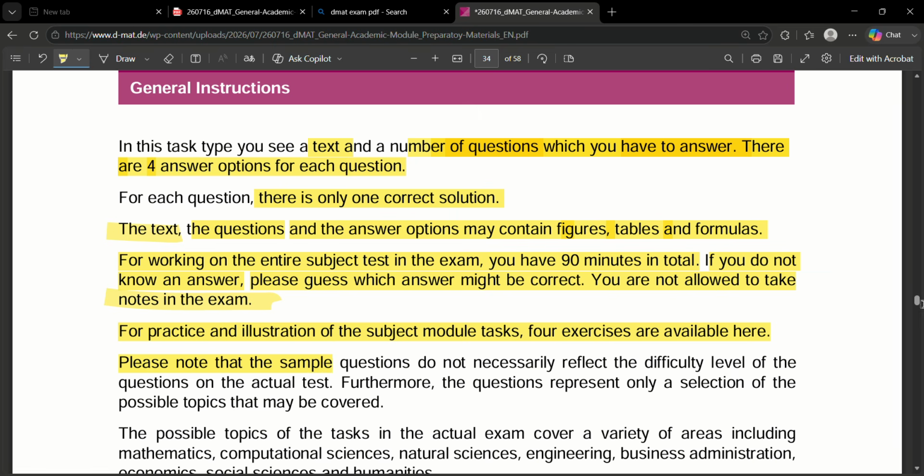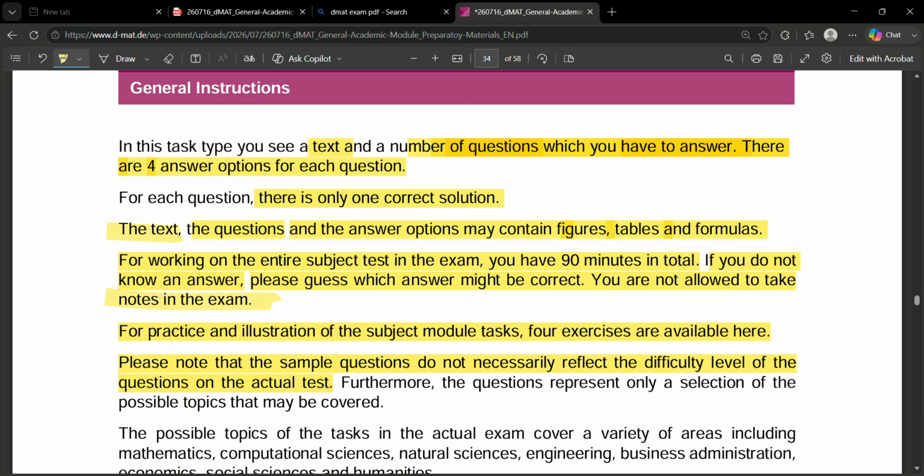Please note that the sample questions do not necessarily reflect the difficulty level of the questions on the actual test. So they are giving you that instruction that sample questions are just examples of what topics they can ask you questions from, but the difficulty level won't be the same.